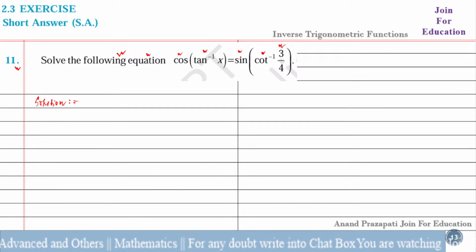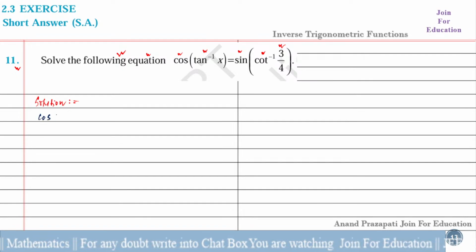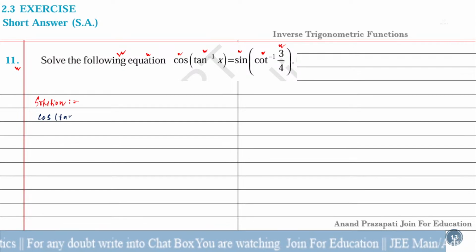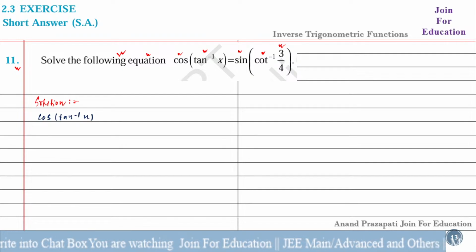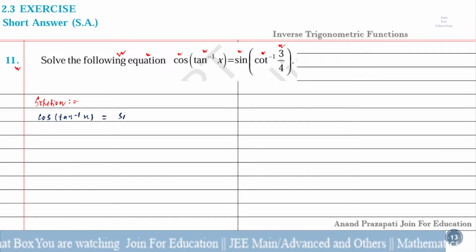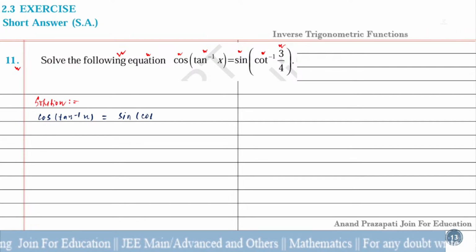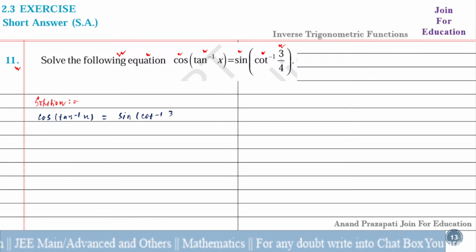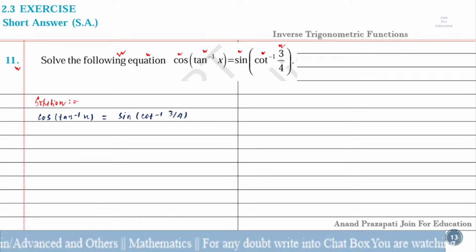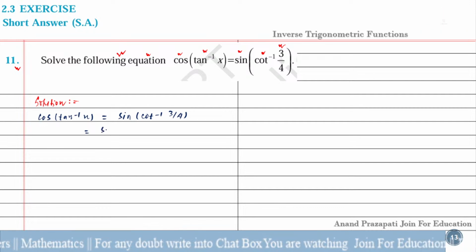So here given cos tan inverse x equal to sin cot inverse 3 by 4.